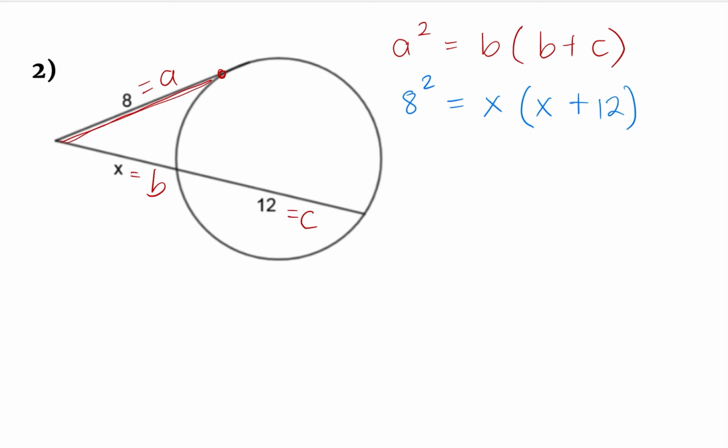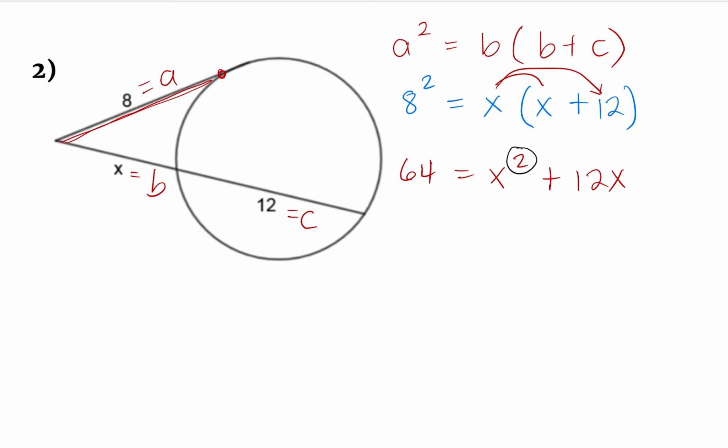Let's simplify. 8 squared is 64, and distribute x, that would be x squared, and then x times 12 would be 12x. So because we arrive with a quadratic equation, how? Because the highest exponent is 2.